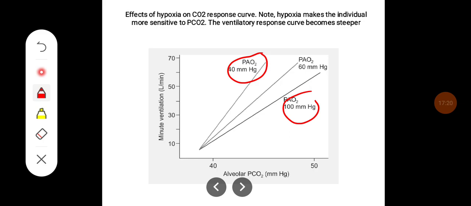That is how the presence of hypoxia increases the sensitivity to carbon dioxide, and it is going to increase the ventilation.